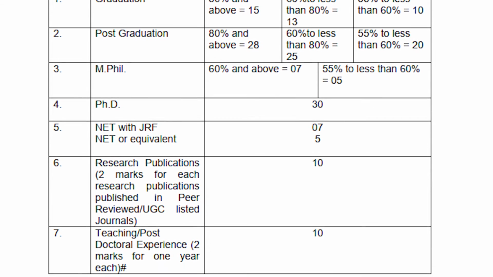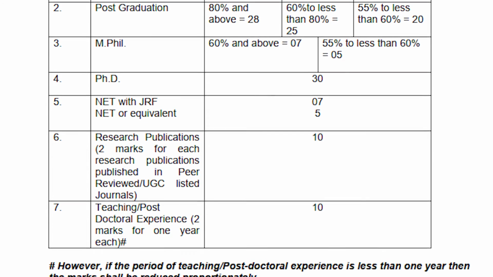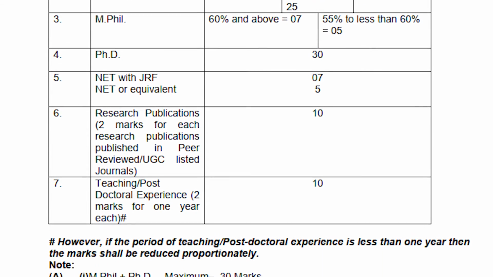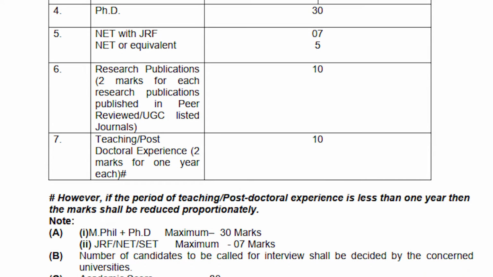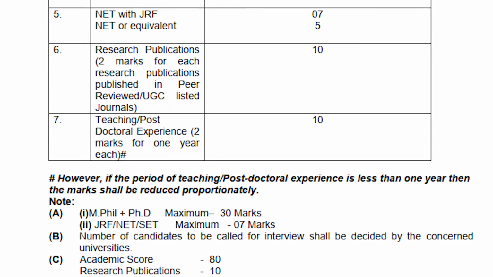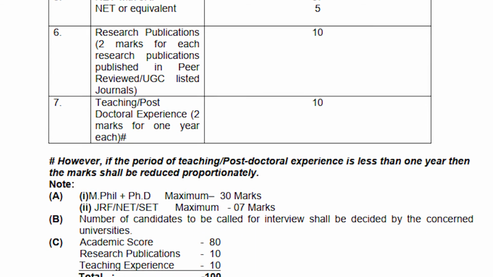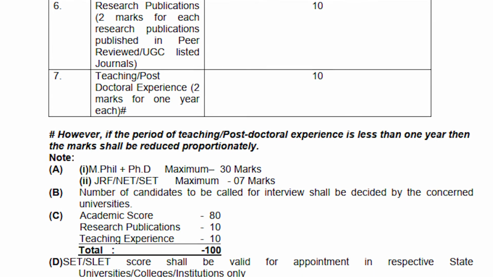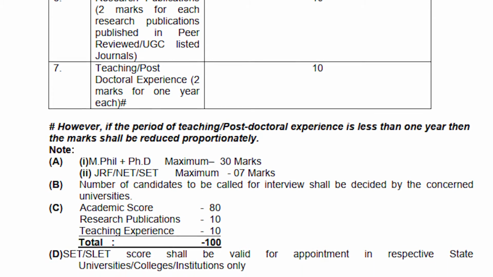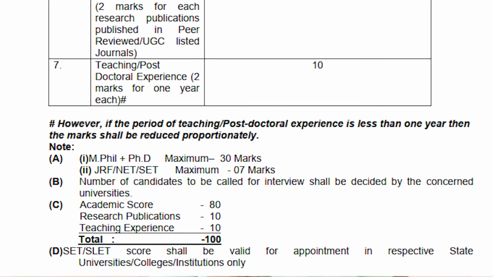Then for post-graduation, depending on marks and whether you have PhD, NET with JRF or NET or equivalent, depending on research publications and whether you have teaching or postdoctoral experience, points are given. And this is the score by which you will be evaluated.